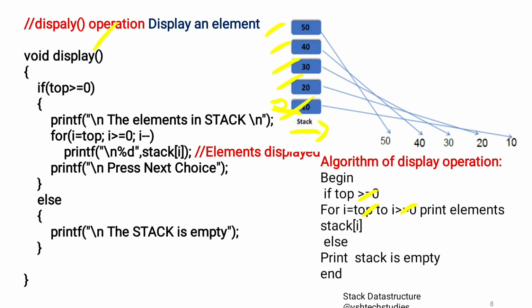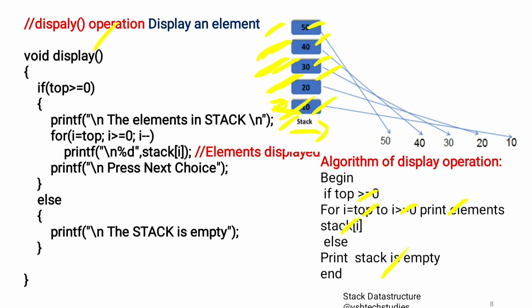Otherwise, 4 3 2 1 if 4 elements are there. From the top position, whatever elements are there are printed from the stack, that is stack of I. Stack of 4, stack of 3, stack of 2, stack of 1, stack of 0, one by one these elements will be printed. Okay.